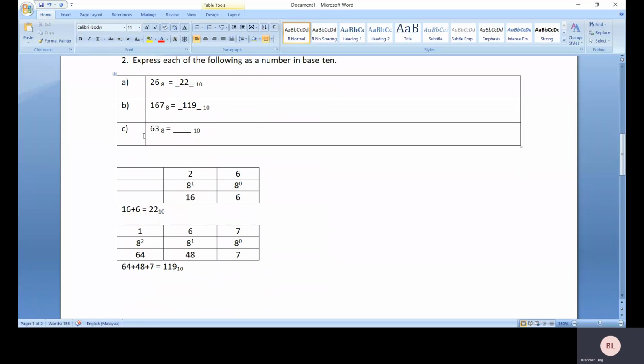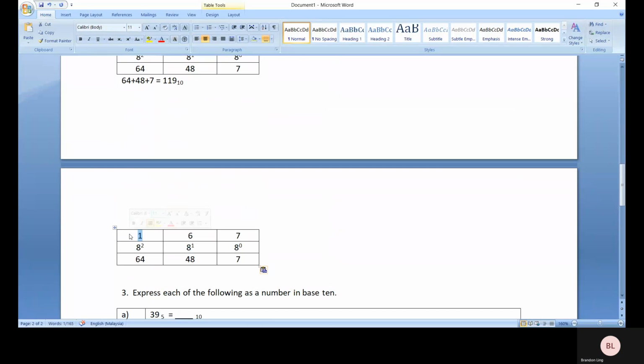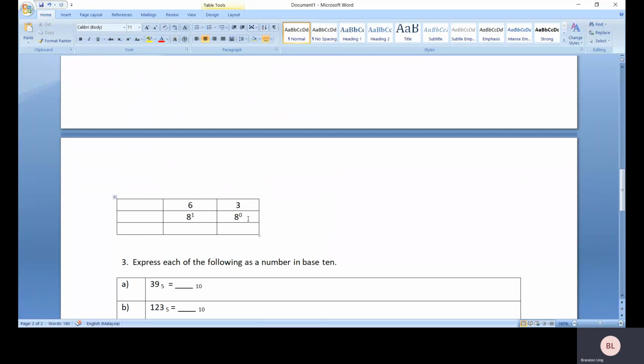Then we move on to 2C here, 63. So 63 changed to base 10. So 3 times 8 to the power of 0, you get 3. 6 times 8, you get 48.